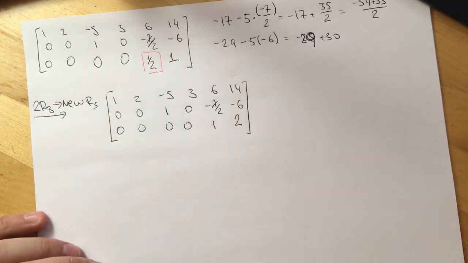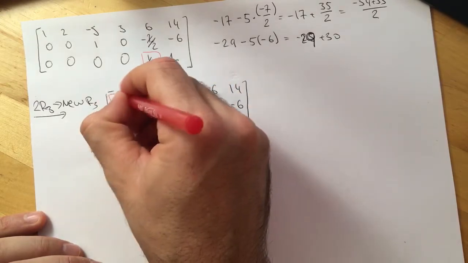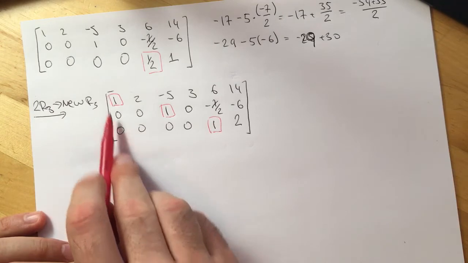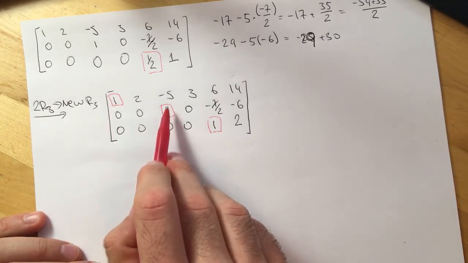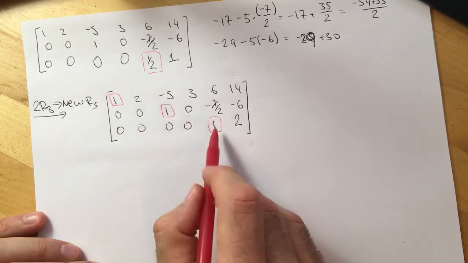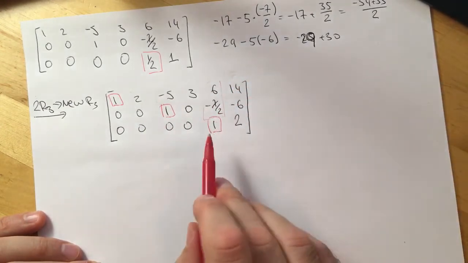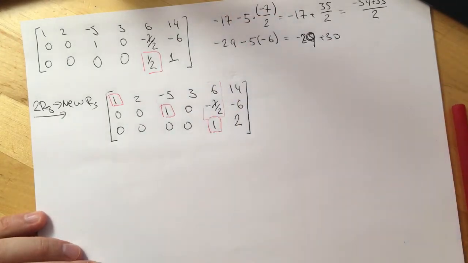So these are the leading ones, right? There is no entry above this one, so we're done with this leading one. Using this leading one, I have to eliminate this entry here, and using this leading one, I have to eliminate these two entries, right? We always start with the last leading one when we do this backward phase.